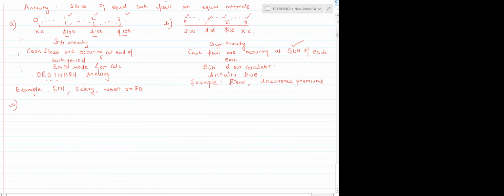Now, guys, first we learn how to calculate the future value and the present value of annuity. We understand how to calculate this.